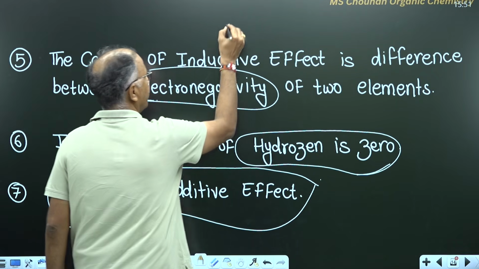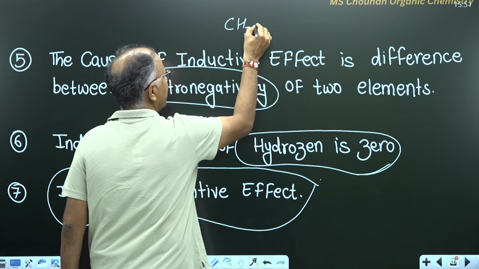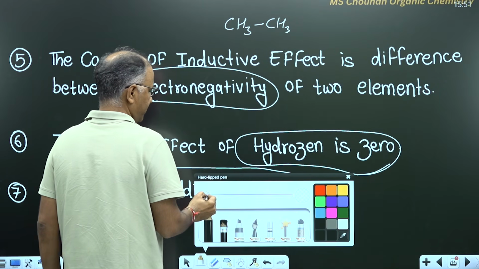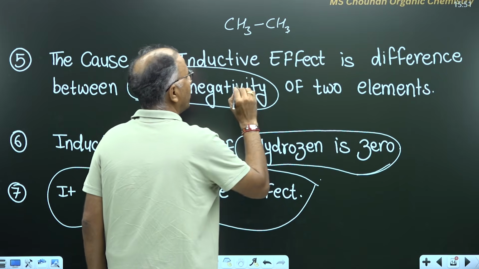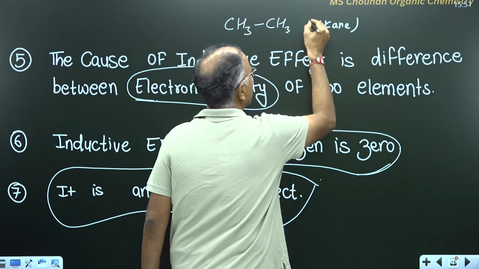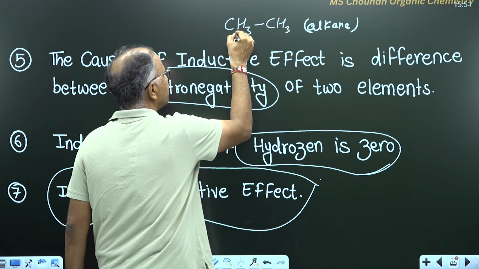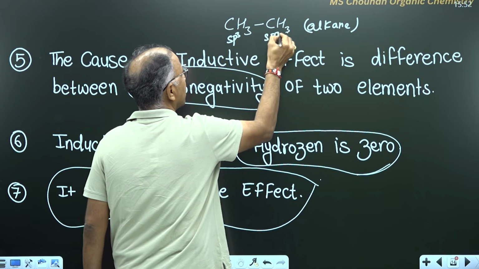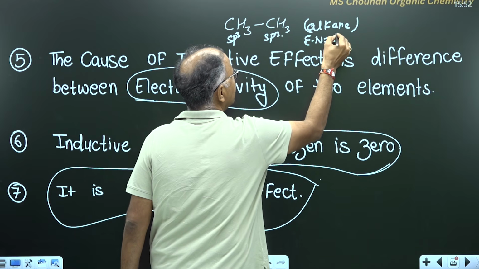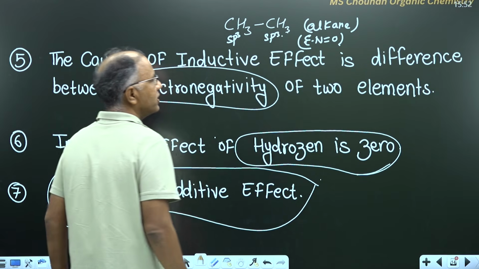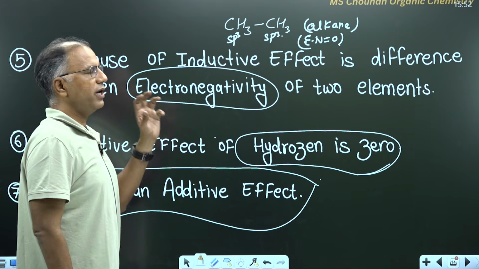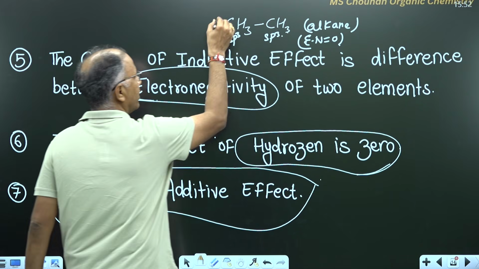Now if I simply ask you CH3-CH3, it is an alkane. What about alkane? Both carbons are sp3 hybridized, meaning the electronegativity difference is 0. Now in case of 0 electronegativity difference, whether alkane will show inductive effect or not, what is your answer?